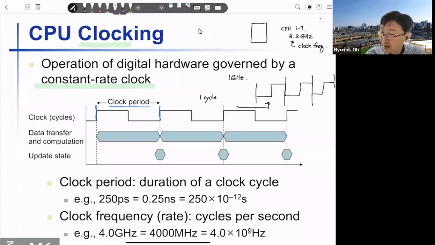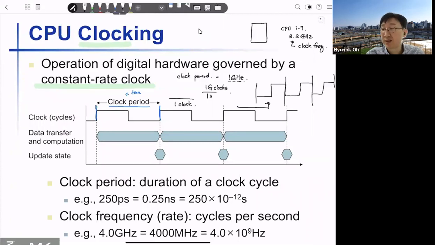So the clock period is the time for a single clock. For instance, for a 1 gigahertz machine, what's the clock period? A 1 gigahertz machine means per second there are 1 giga clocks, right? So per cycle, per clock, how much time do we need?